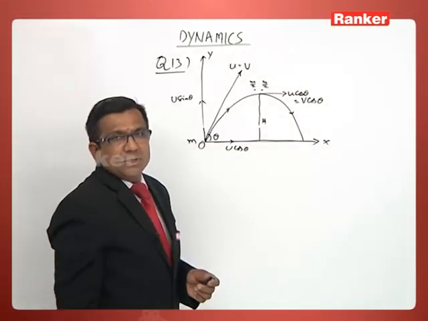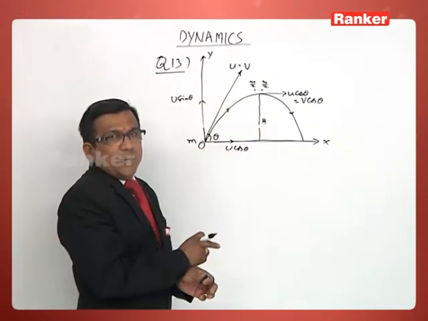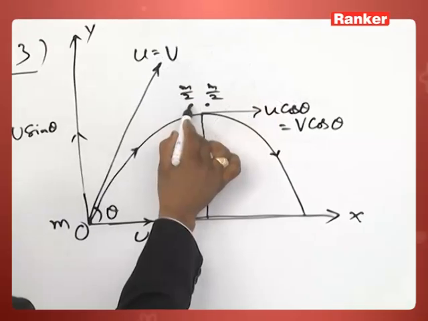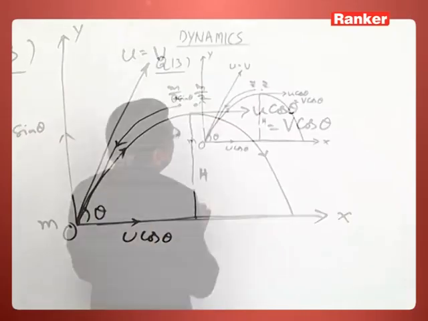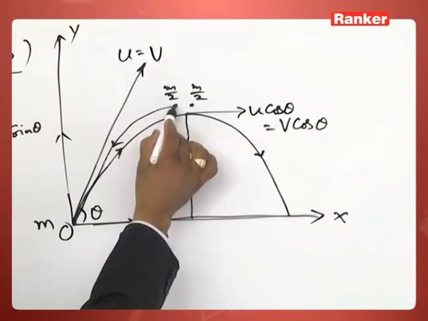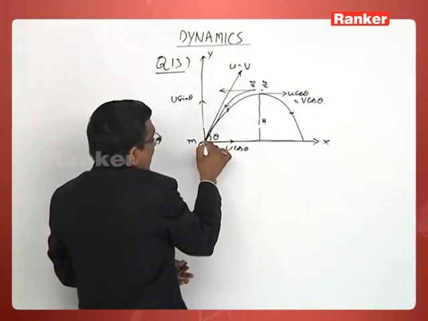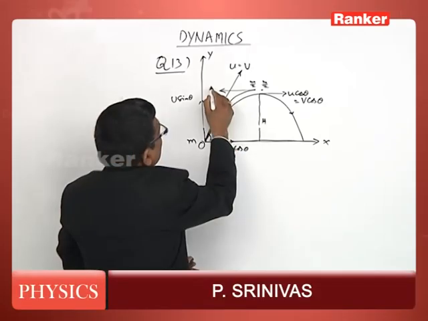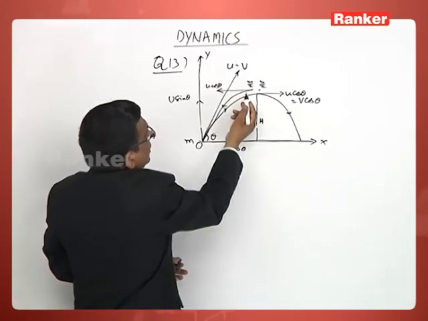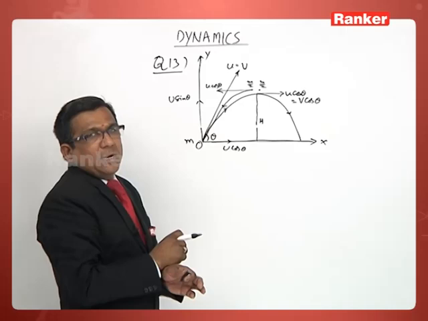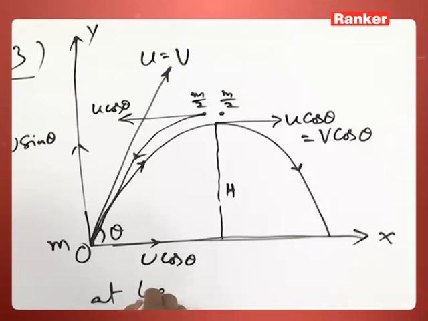One piece retraced the path to the cannon, so it comes back along the same path. For it to come back, its velocity is directed in the opposite direction, and its speed should be u cos theta only.